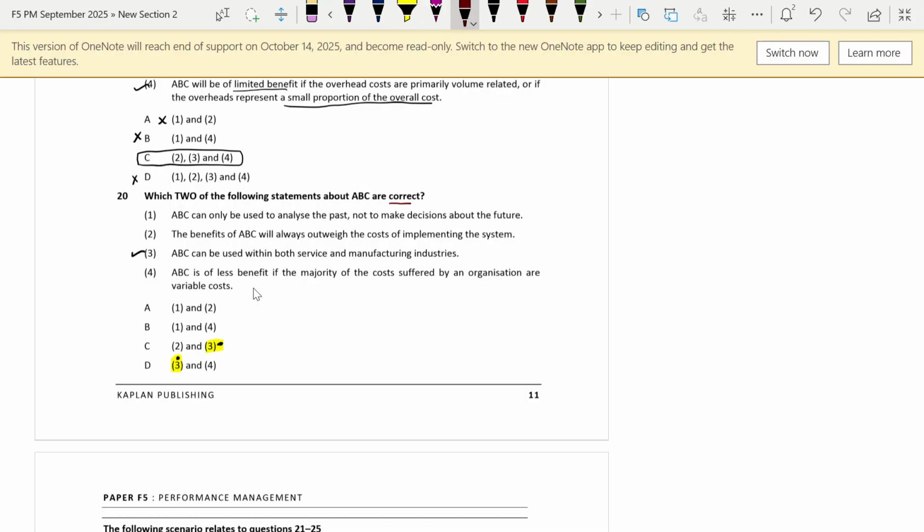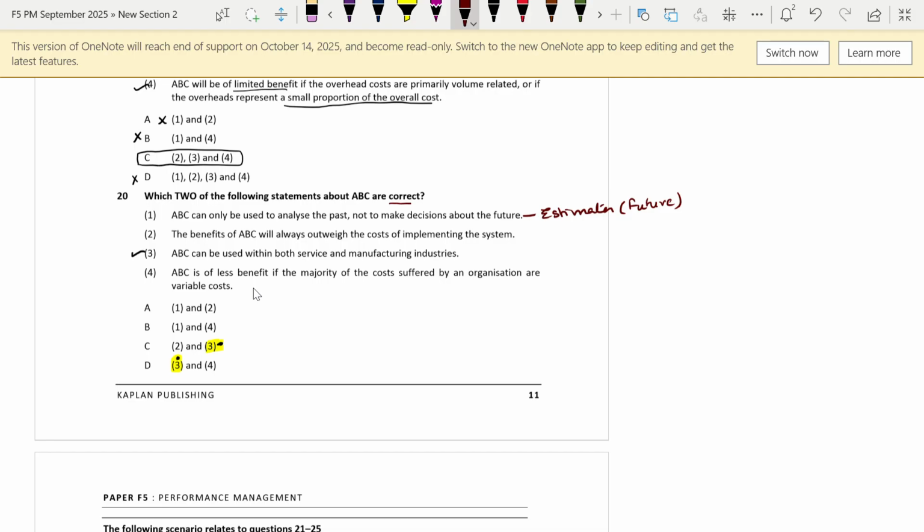ABC can only be used to analyze the past, not to make decisions about the future.